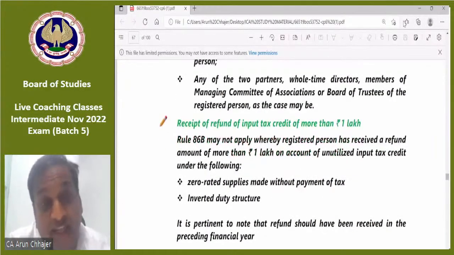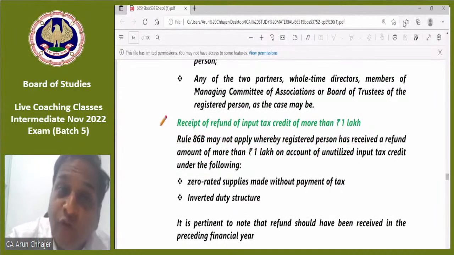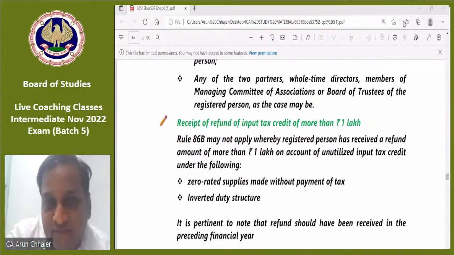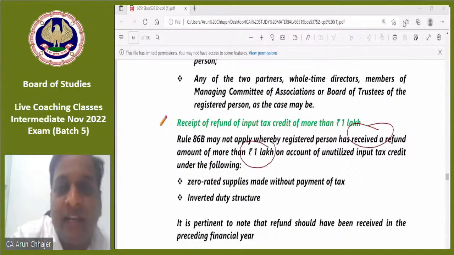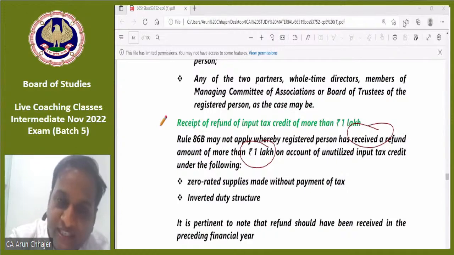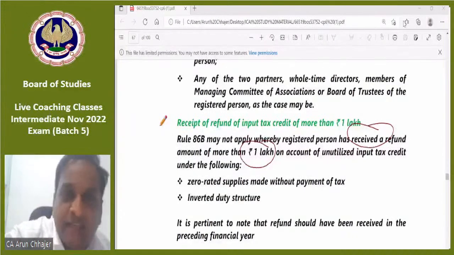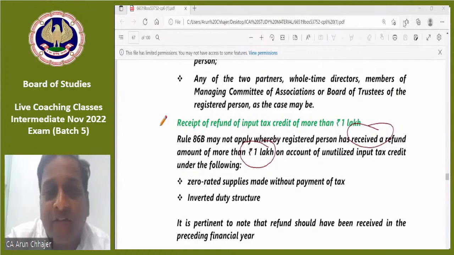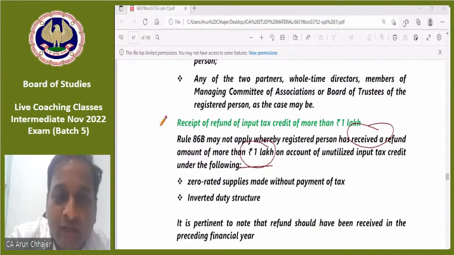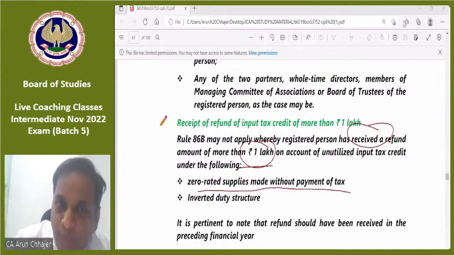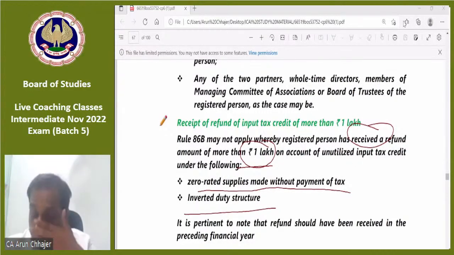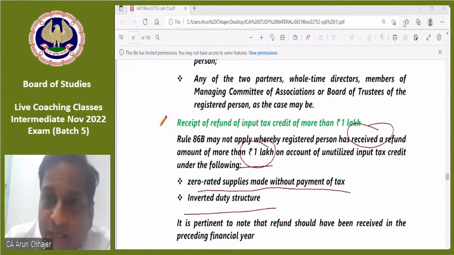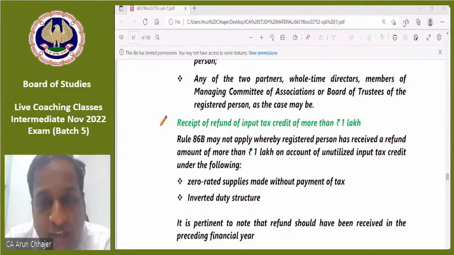Next relaxation, next proviso: if the registered person has received a refund of more than 1 lakh. The refund chapter is again not here, so only remember the point that the refund can be on account of zero rated supplies made without payment of taxes or inverted duty structure. You are taking the refund of more than 1 lakh of which component? Unutilized ITC.